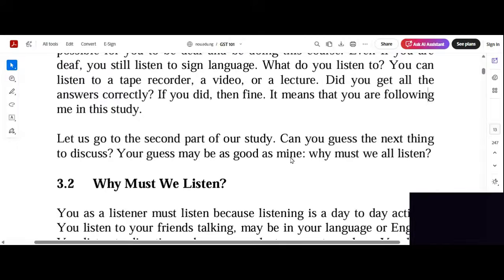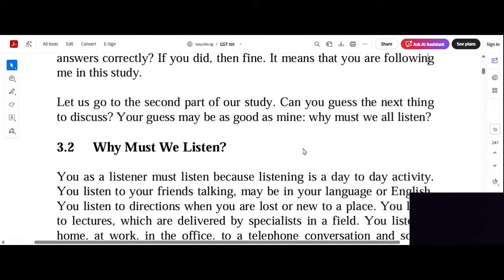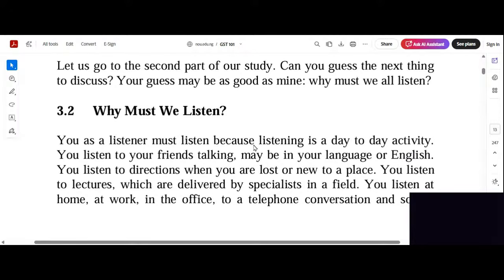Have you not asked yourself, when they say the first thing we are going to be doing in this course is how to listen, we want to teach you how to listen, then you would have asked yourself, what is the need for listening? Why must I listen? We'll learn that next. But before we go into why must we listen, let me see your responses to my question. Okay, sign language.